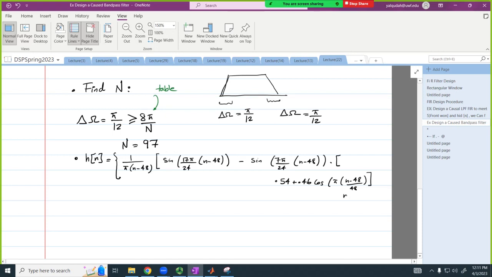And this is when n is between 0 and 96 and not equal to 48. When it is equal to 48, it's going to be 5 over 12.